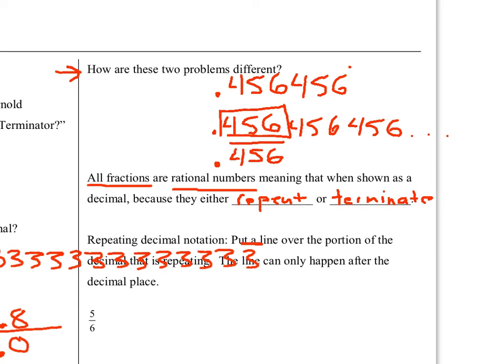Or, interestingly enough, if I pay no attention to this first letter, if I were to say, hey, let's pretend like that 4 isn't there for a second, the pattern now looks like 5, 6, 4. I could put my repeating over the 564. As long as you have a pattern that repeats over and over again, it doesn't matter where you start.